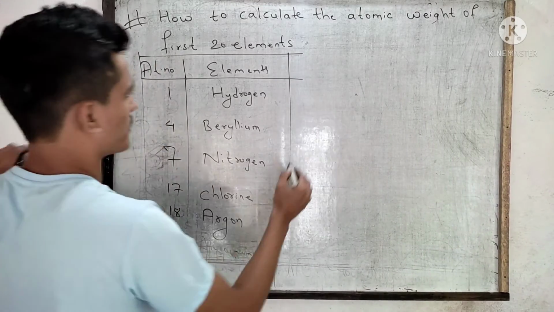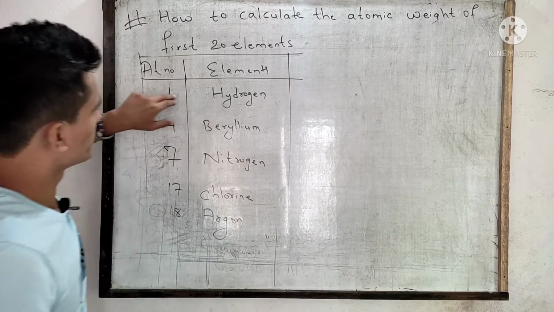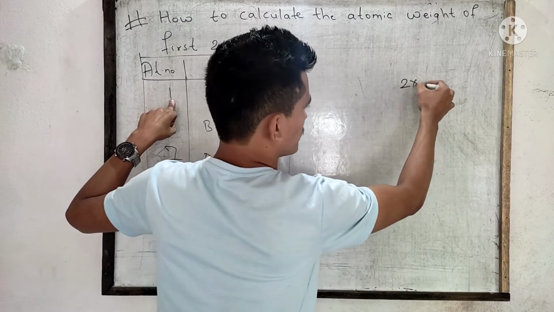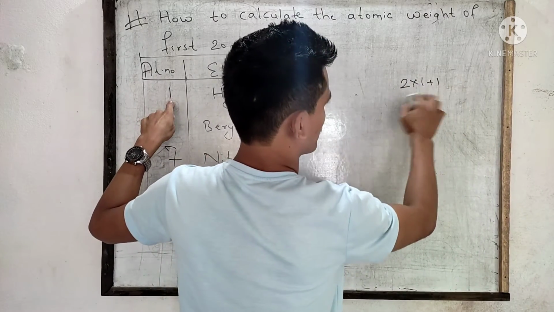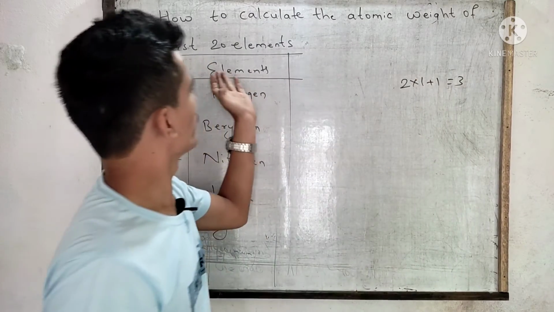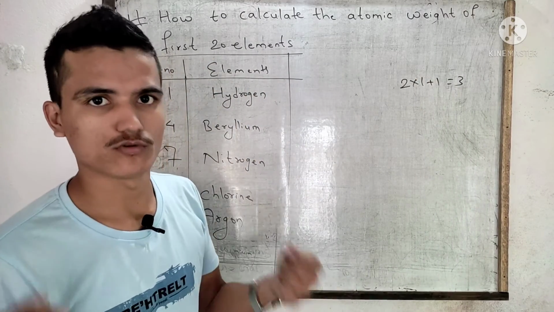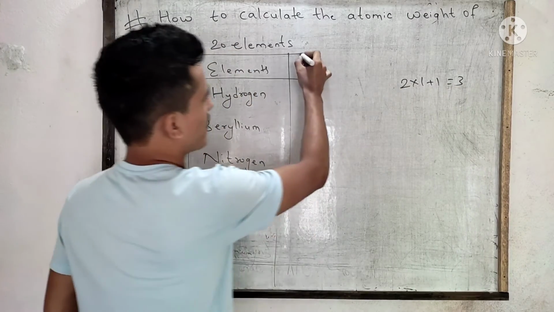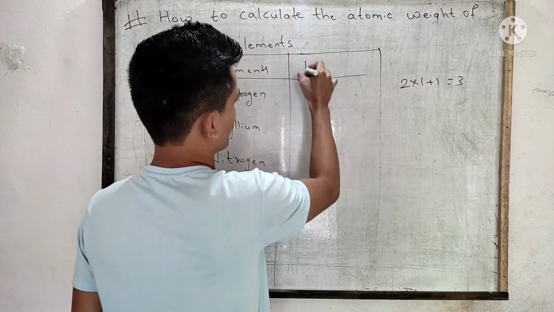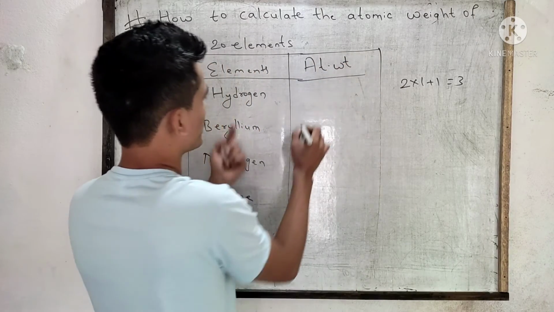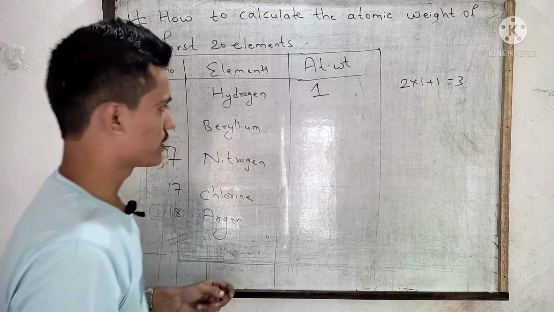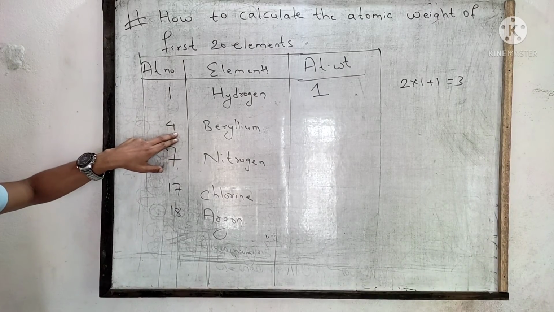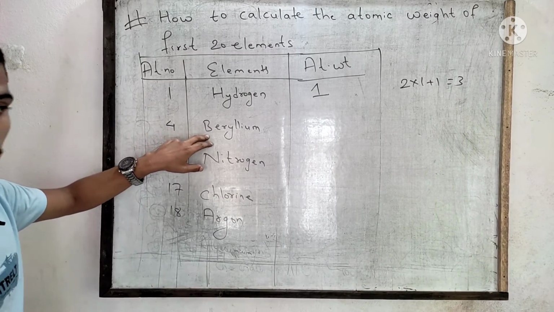Okay, now this one is odd. According to the rules, 2 into 1 plus 1 is 3. The atomic weight of hydrogen should be 3 according to the rules, but 3 is not the atomic weight of hydrogen. What is the atomic weight of hydrogen? The atomic weight of hydrogen is 1. Similarly, 4 is the atomic number of beryllium.